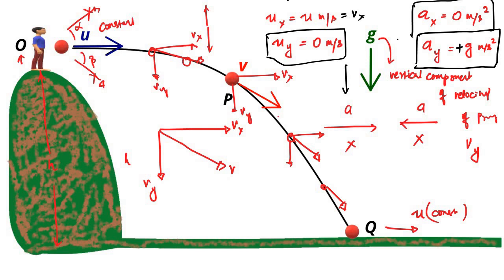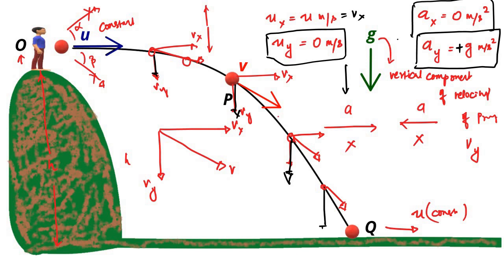Because there is no acceleration along the horizontal direction, there is no increase or decrease in the horizontal velocity. But there is acceleration due to gravity acting downward. That's why the vertical component Vy keeps on increasing as it goes on and on. Initially it is a bit small, then it keeps on increasing.